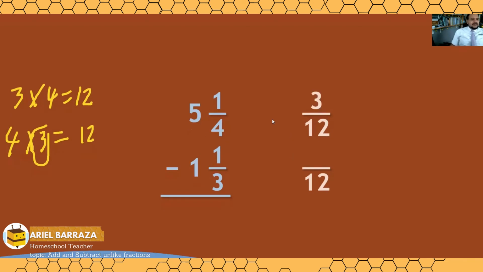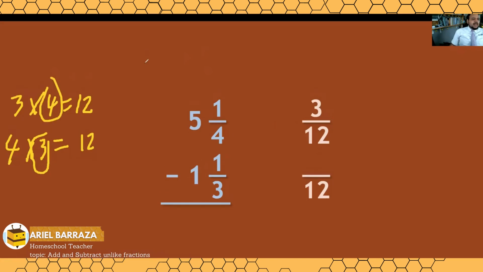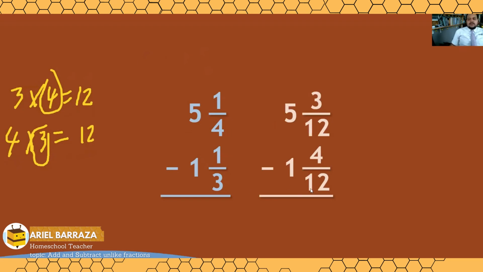Now, the next is in thirds. How many times do you need to multiply 3 to get 12? 4 times. So you will multiply times 4. 1 times 4 is 4. 3 times 4 is 12. Now, voila! I got it. I have both of my fractions in the same term. What to do now? Subtract.